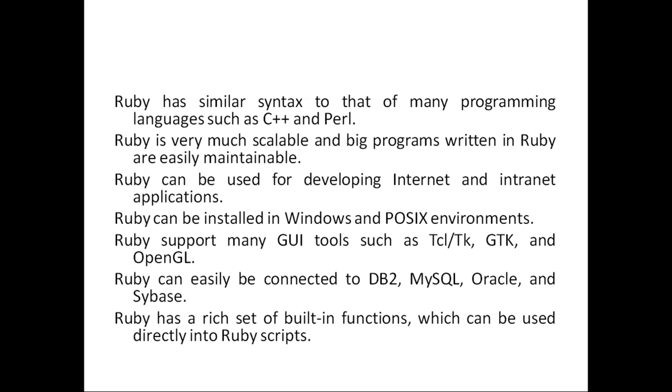It can be installed on Windows and POSIX environments, and it also supports graphical user interfaces, especially Tcl/Tk, GTK and OpenGL. All these things are supported by Ruby, and it can be easily connected to most databases. It has a rich set of built-in functions which can be used directly in the Ruby scripting language.